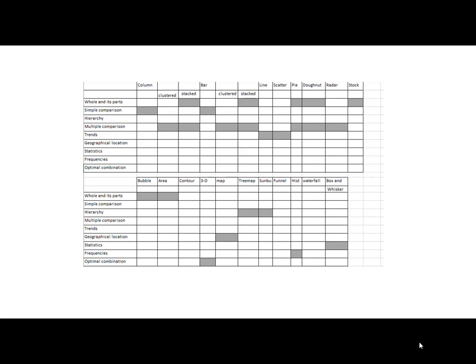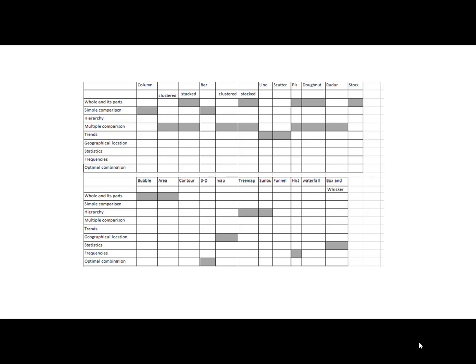And I cross-hatched or highlighted the intersection, according to my judgment of course, that allows people to choose the proper type of graph to suit their type of data.